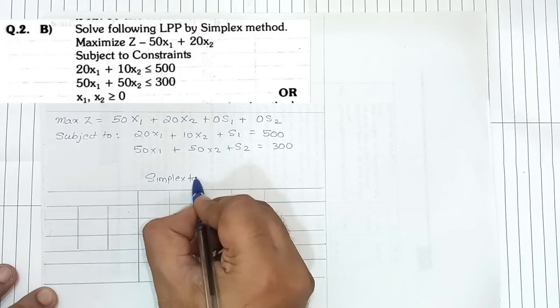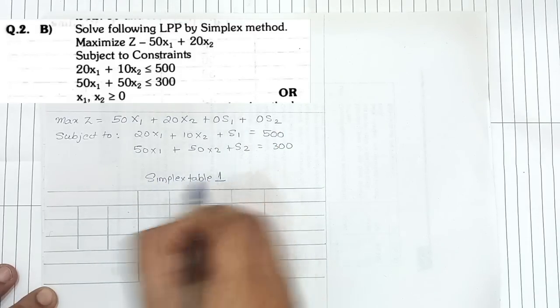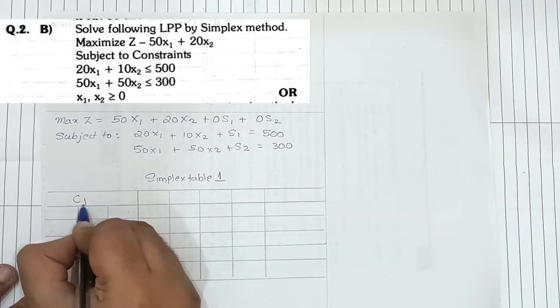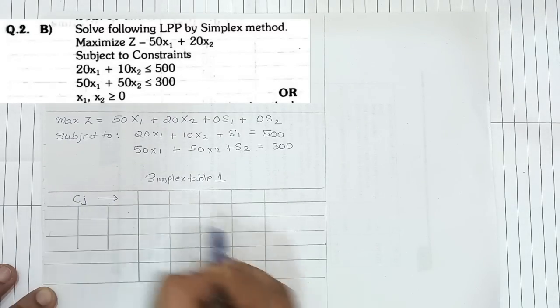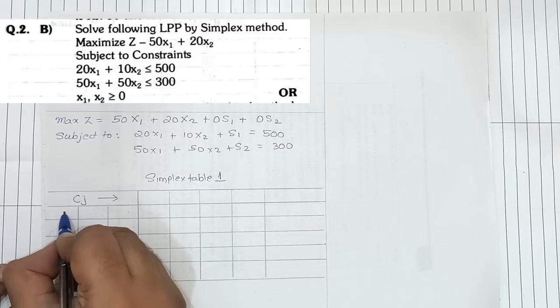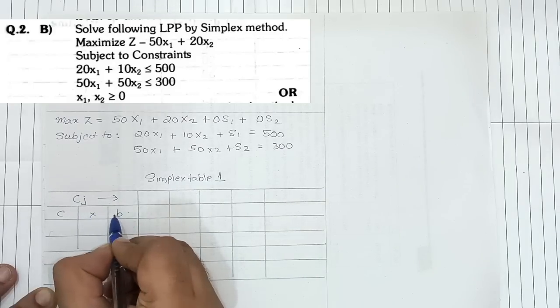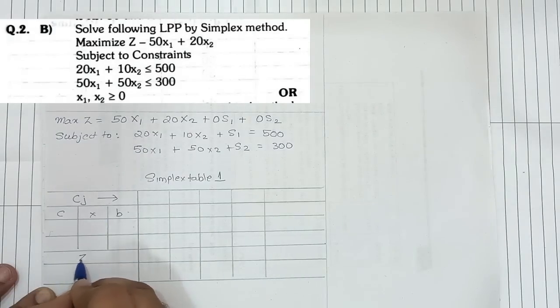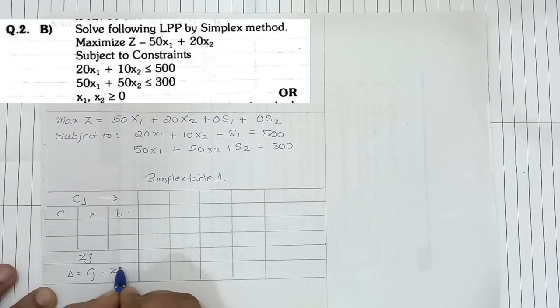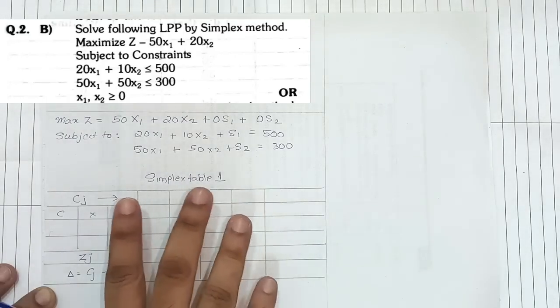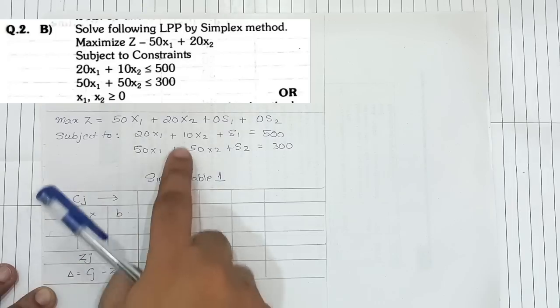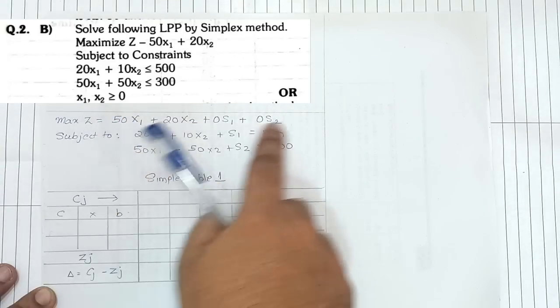So simplex table 1. We'll first note down the columns. This is something called Cj. We have C, we'll have X, B, we have something called Zj and change, which is Cj minus Zj. Now first step, Cj represents your objective function.